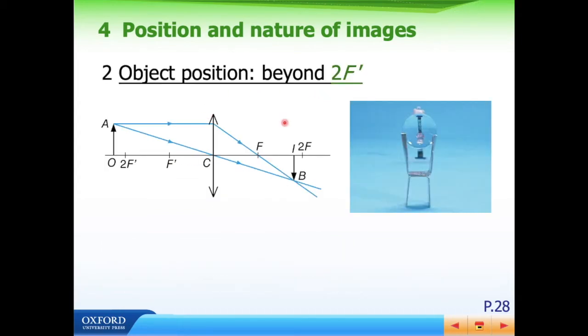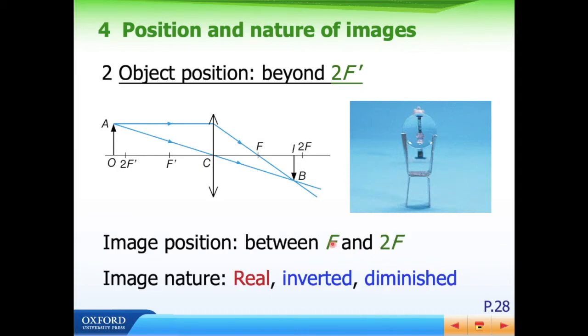Situation number 2. Our object is positioned beyond 2F prime. What will be the characteristic of the image formed by a convex lens? Our image is located between F and 2F. From our construction rules, you will find exactly where the image is located.